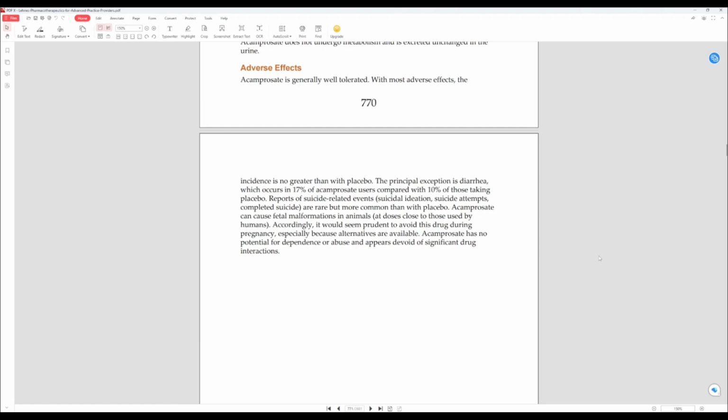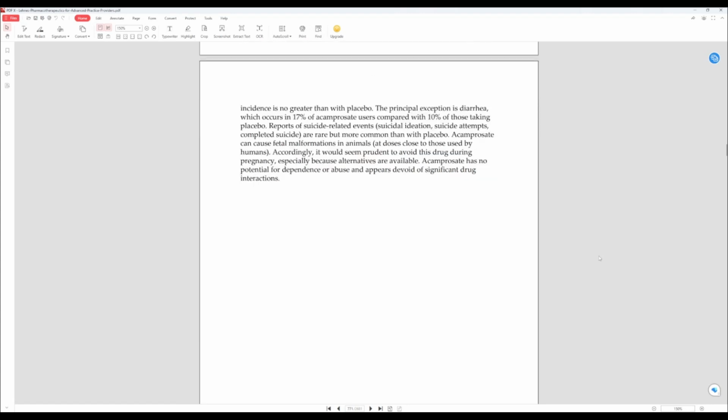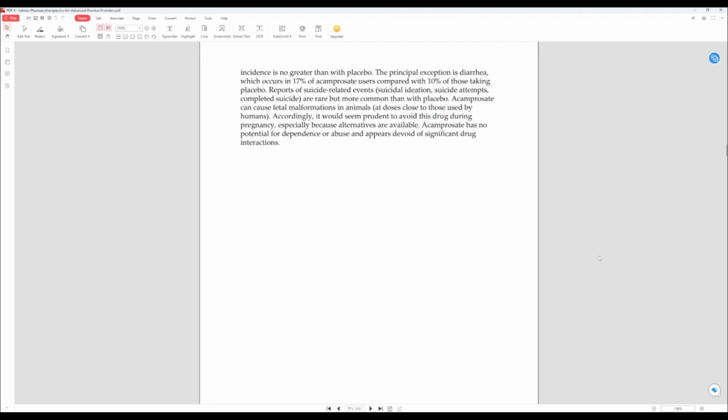Adverse effects are generally well tolerated. With most adverse effects, the incidence is no greater than with a placebo. The principal exception is that diarrhea will occur in 17% of medicated users, compared to 10% of those who took a placebo. Reports of suicide-related events, suicide ideation, suicide attempts, and completed suicide are rare but more common than with a placebo.